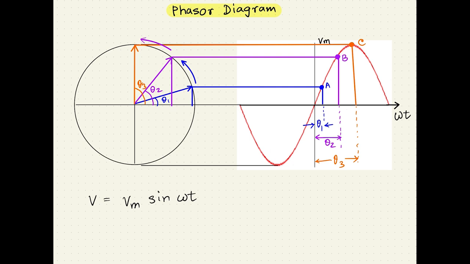A phasor is a moving vector on the polar coordinates which represents the point on a sinusoid. As the point moves along the sinusoid, the phasor moves circularly counterclockwise, and at one full revolution, it completes one full cycle of the sinusoid.